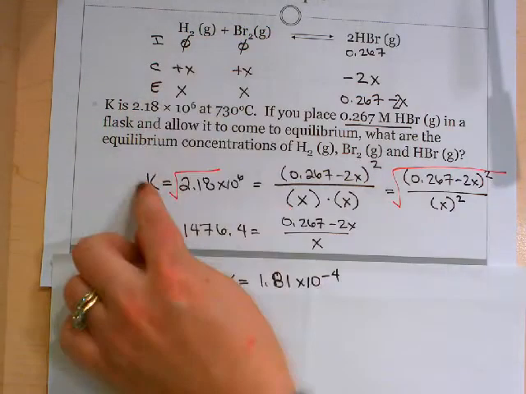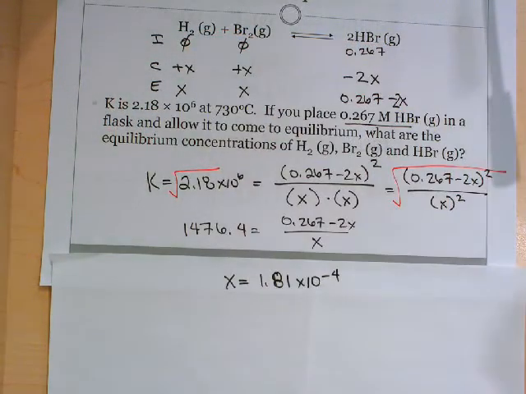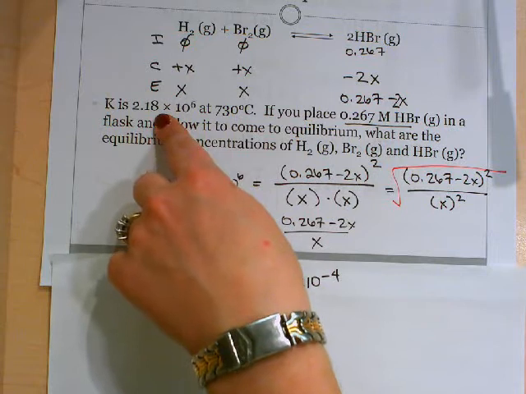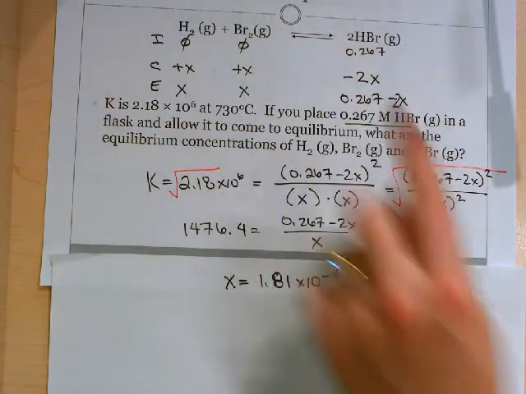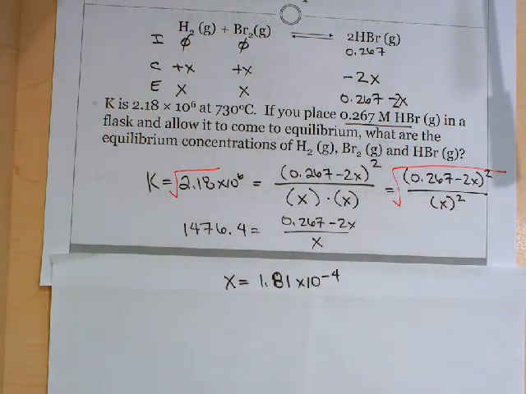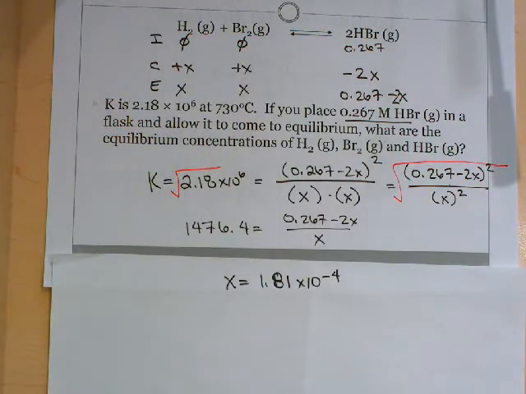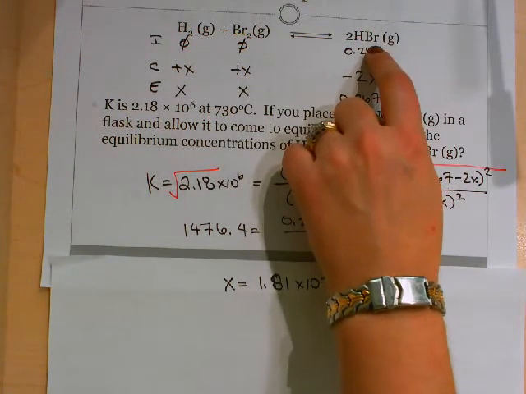So ignoring all the math, K is for H2 and Br2 making this, which is equal to this value. I did this on purpose to make it a little confusing. Then in this case, I have all of this, and I'm looking for the reverse reaction. But still, products over reactants, defined by how I wrote the equation.